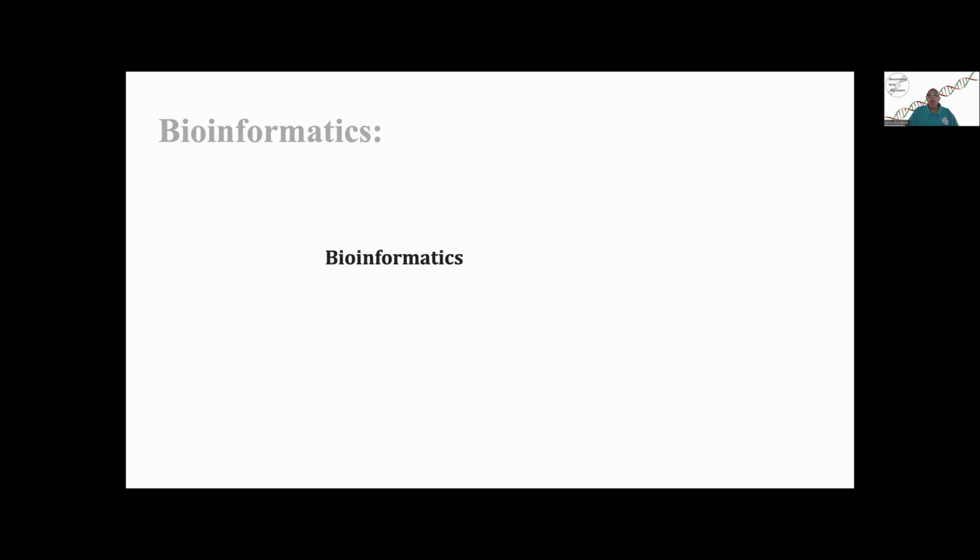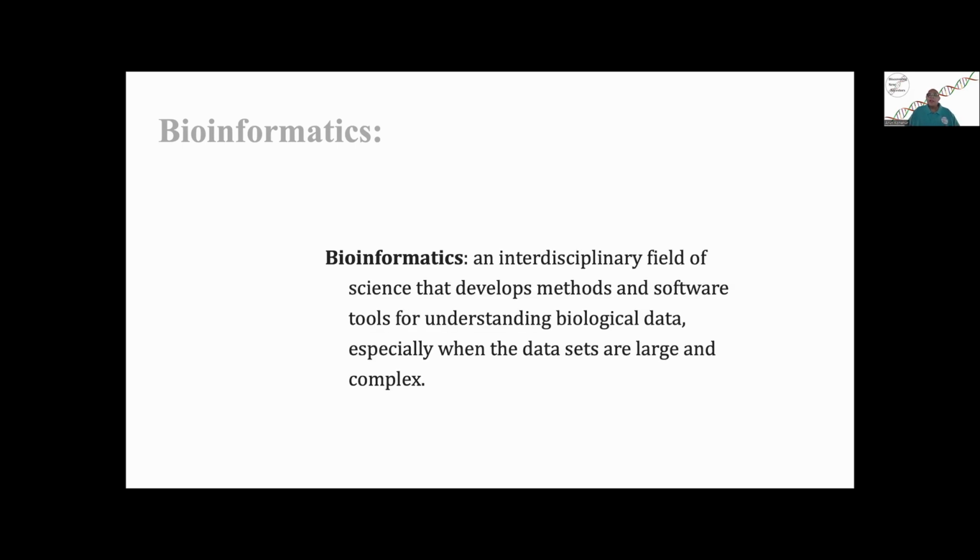And here's a definition. Bioinformatics is an interdisciplinary field of science that develops methods and software tools for understanding biological data, especially when the data sets are large and complex. Now, our biological data are DNA matches, and certainly when you think of the millions of people who've tested and the fact that any of us probably have 10,000, 20,000, 40,000, 100,000 DNA matches in our full set of matches, we are dealing with very large data sets and they're complex.